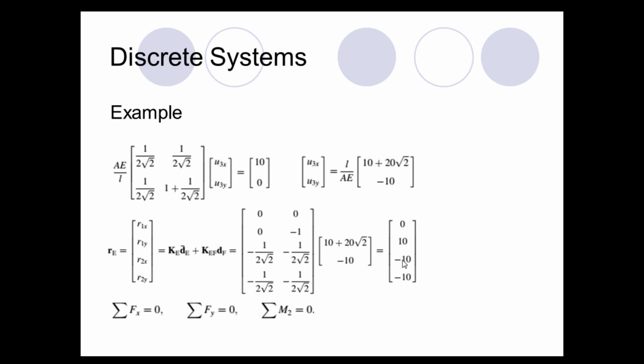And I have minus 10 here for the R2x, but remember that I have an external force of 10 acting on the system, and as a result the sum of the external force 10 with minus 10 will give me 0 as well. Of course you can easily check that M2 is 0, so taking the moment will be satisfied automatically.